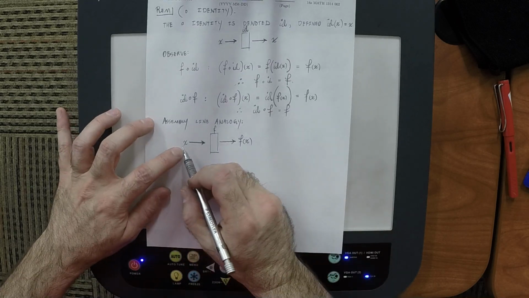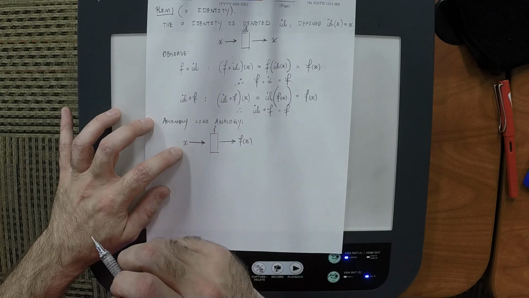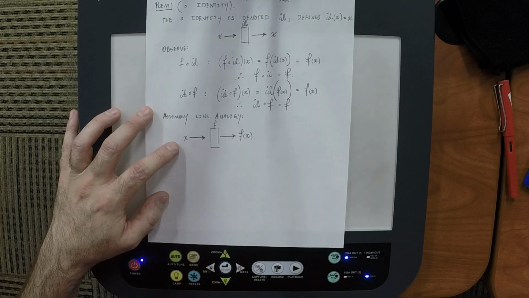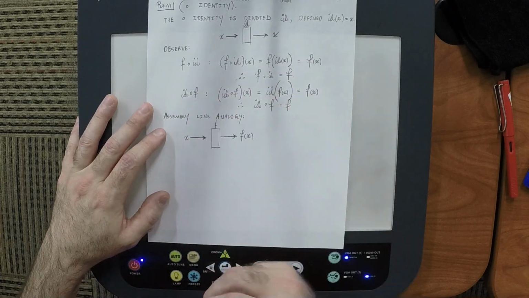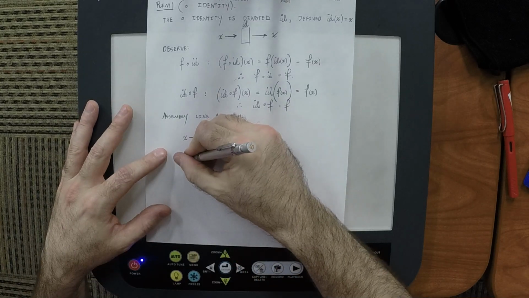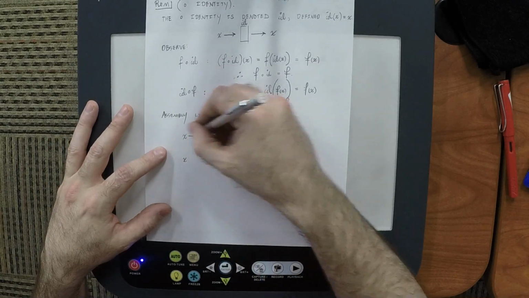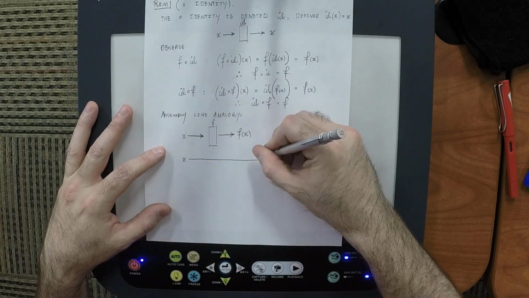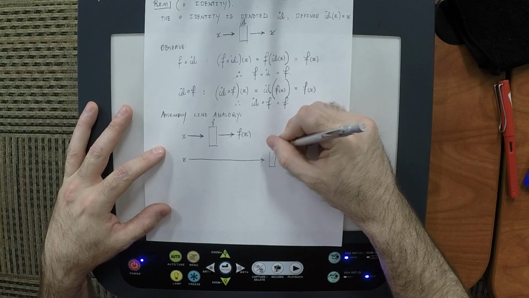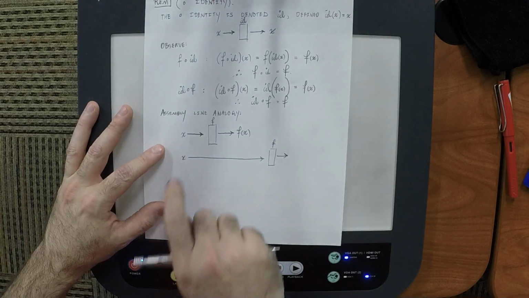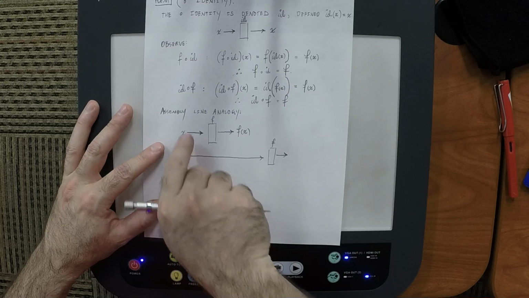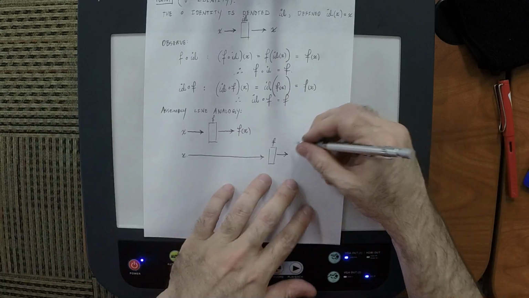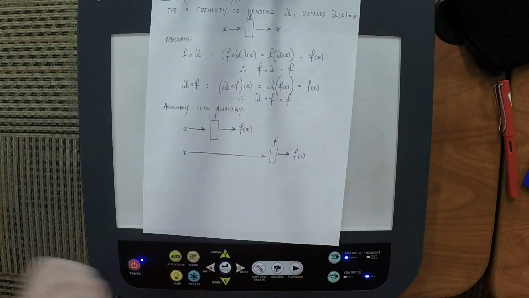So we give the input to the f machine, and out comes f of x. And again, imagine that we're on a factory floor. What if these arrows represent spans of conveyor belt? And what if we take that conveyor belt that's maybe like 2 meters, and then we make it like 10 meters long, so that that input actually has to travel down the conveyor belt for longer than before. What will come out? F of x, right? That doesn't affect the situation.